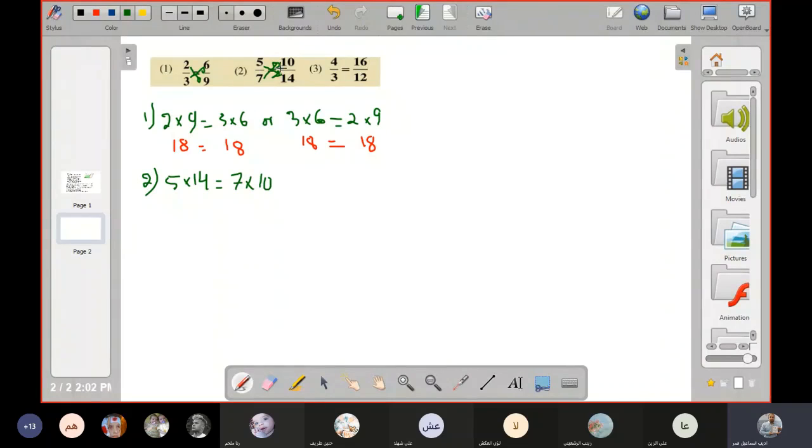If the fractions are equal, we get equal values. 5 times 14 equal to 7 times 10, or we may put 7 times 10 first equal to 5 times 14. It's the same. Here we get 70 equal 70.